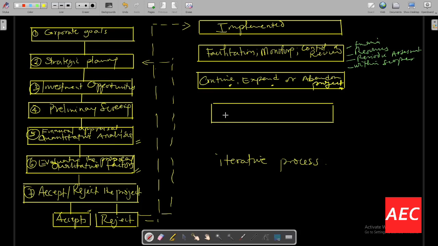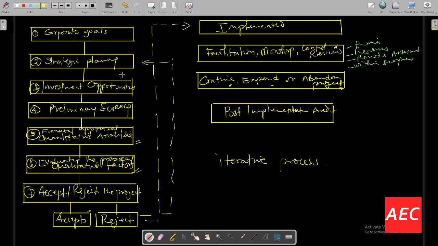Then the last process is the post-implementation audit. Now the post-implementation audit is a post-mortem of the performance of already implemented projects.